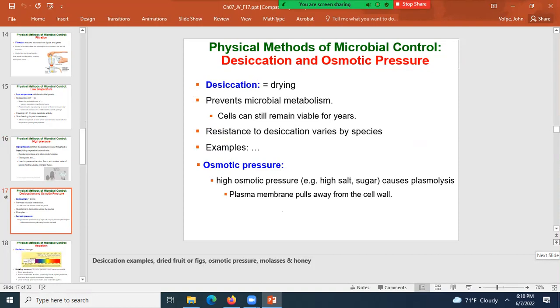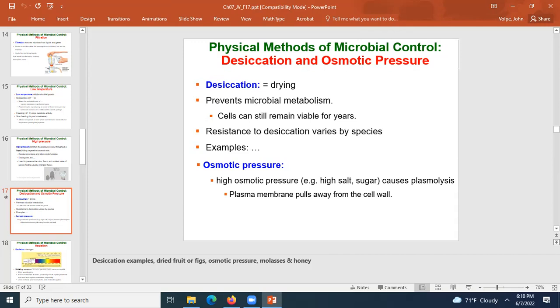Desiccation and osmotic pressure is another way of controlling microbial growth. Desiccation is the drying. This prevents microbial metabolism. Some cells can remain viable for years under desiccation, like endospores.